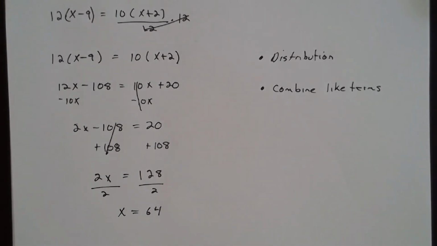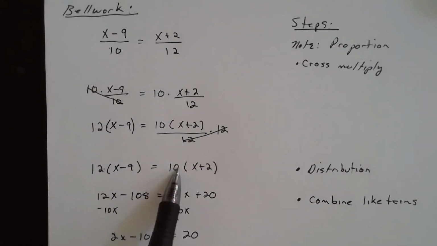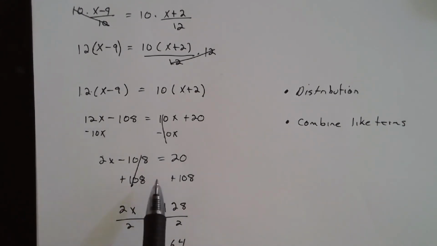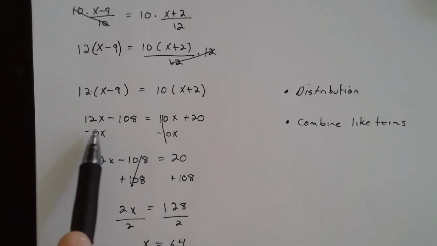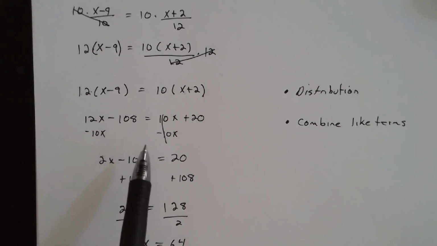So you can see that the problem can be done pretty quick if you just look at this and jump right to this process here, and then it's just combine like terms. As a matter of fact, these two steps here can be done in one step, because I could have done plus 108 in the same step here. So I could have subtracted the 10x and added 108 and really done that in one step.